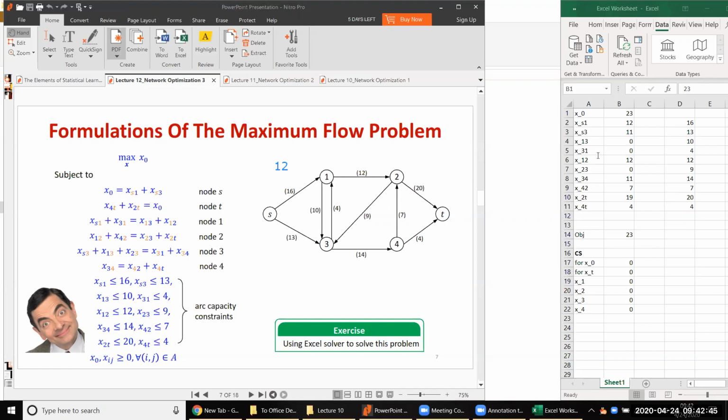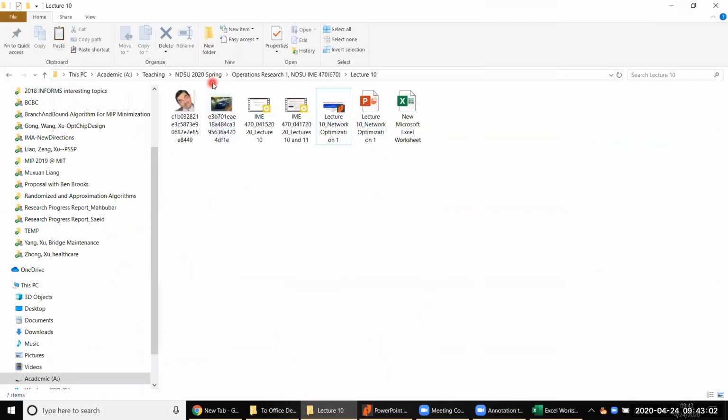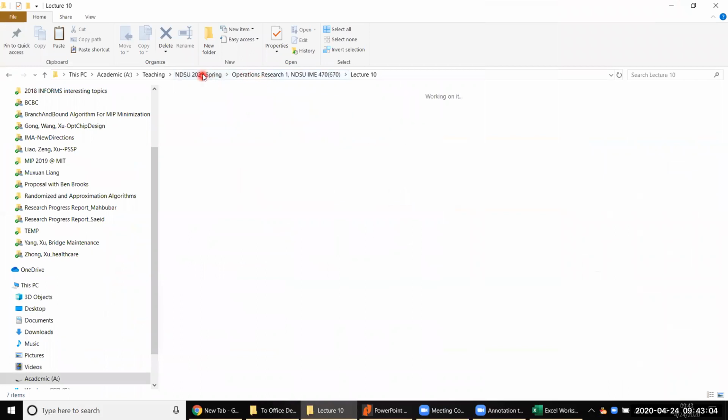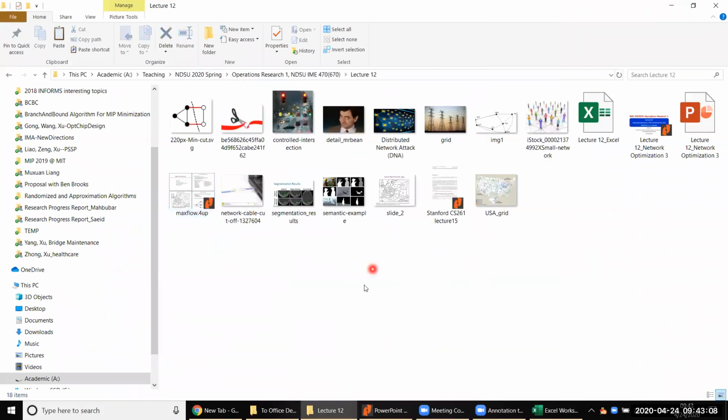So here, x13 is 0. Okay, let me open this. This is too slow. Let me go one second. Let me open the Excel here. I should have a PowerPoint here.